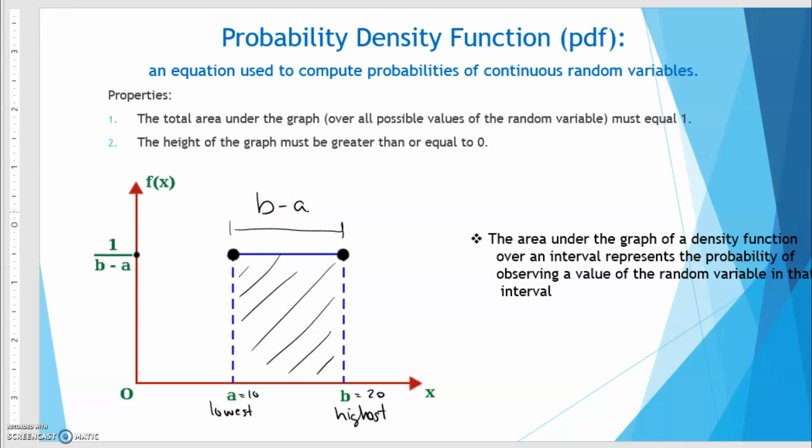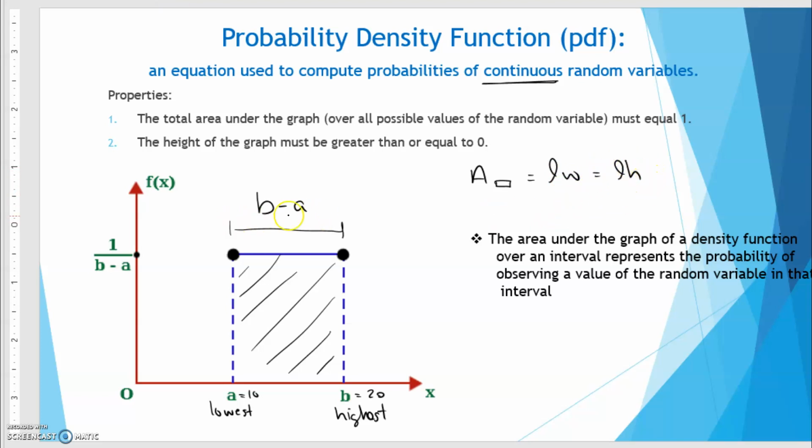Now remember back in section 5.1, we said for continuous variables, which is what we have right here, a continuous random variable, then area is equal to probability. So if I'm trying to find probability, then really I can find the area. The area of a rectangle is length times width, or in this case, length times height.